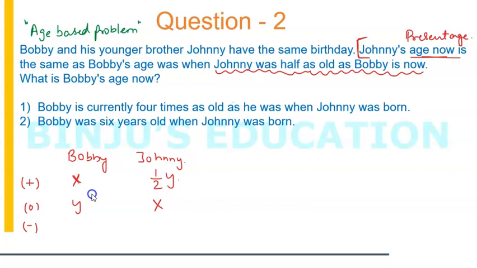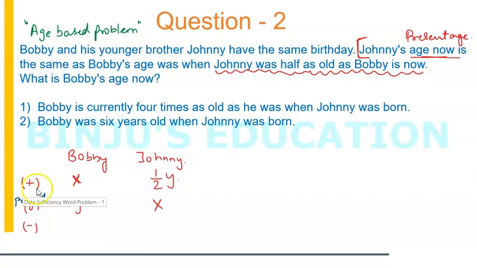Johnny's age now, X, is same as Bobby's age, so X and X both are X, when Johnny was half as old as Bobby is now. What is Bobby's age now? Now remember one more thing. This is basically present. Okay, I have done one thing wrong.